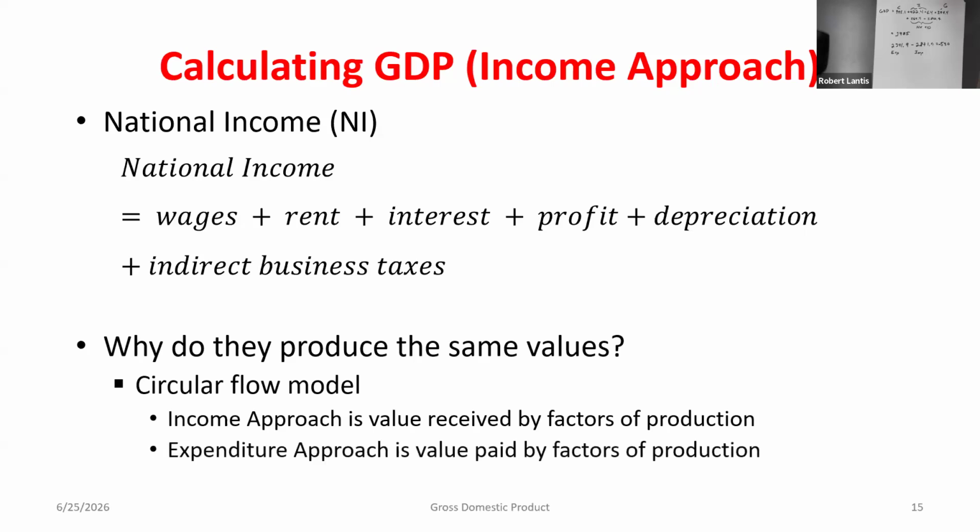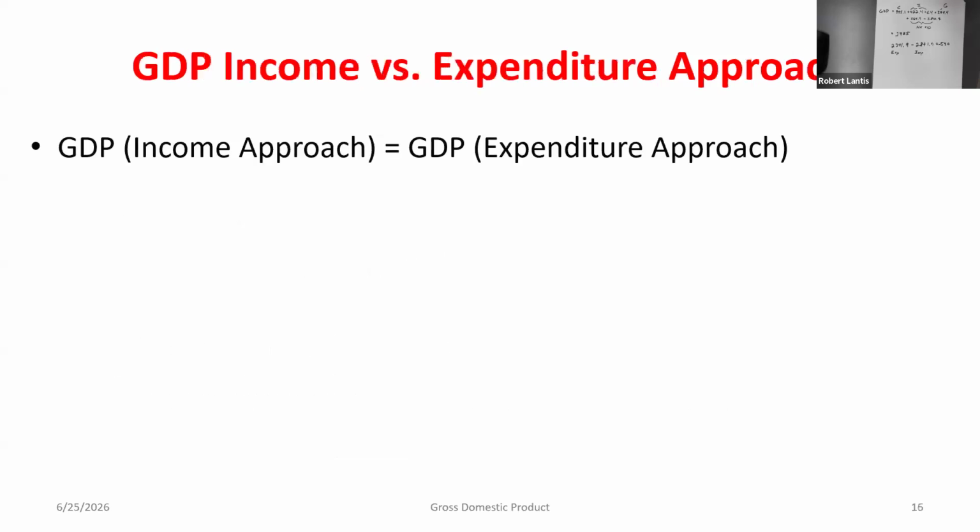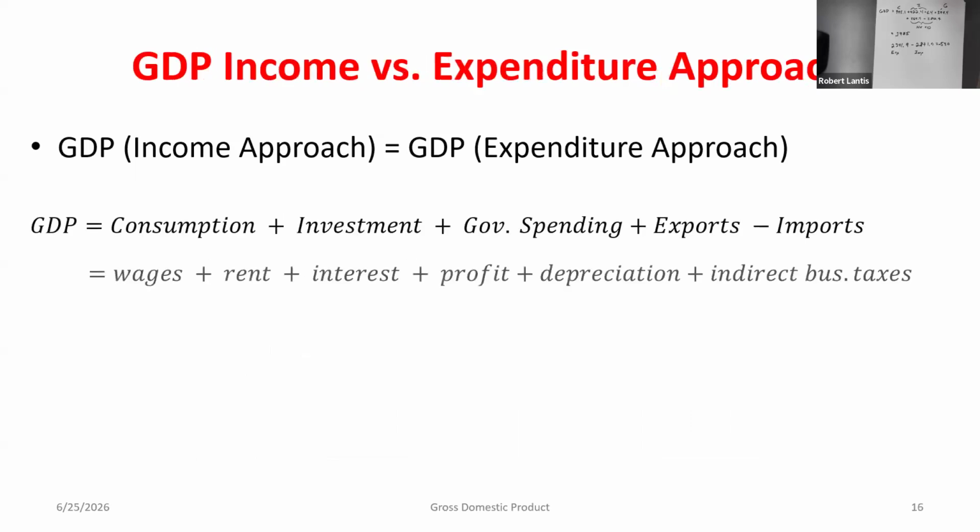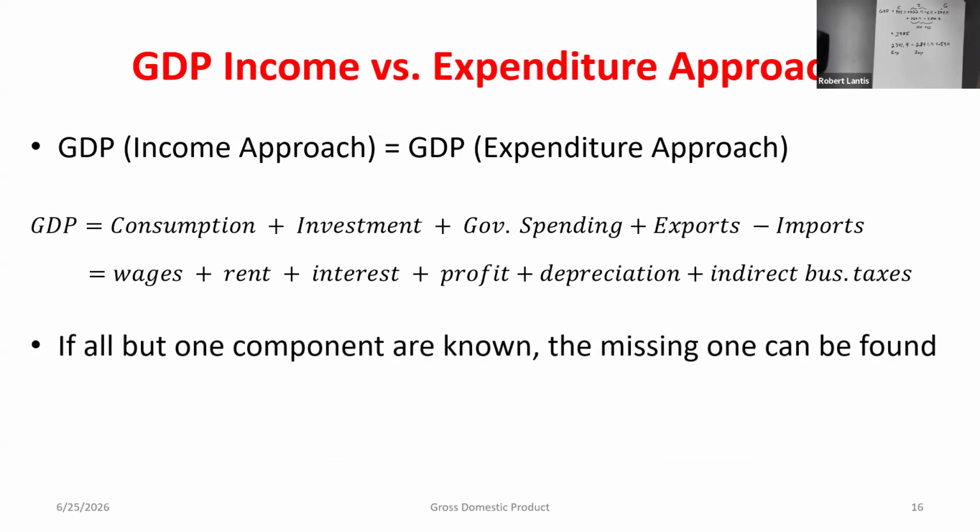Two different sides of the same coin, to use the old adage. So if I'm looking at the expenditure versus the income approach, those GDP calculations should be the same. If I take those two equations, this is what it looks like. If I know all but one of those components, I can always find the missing one.